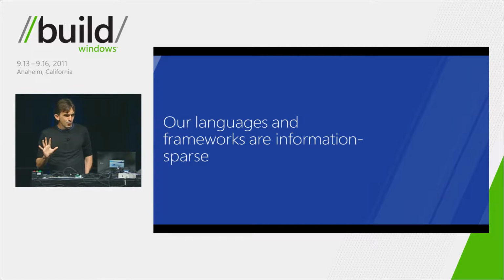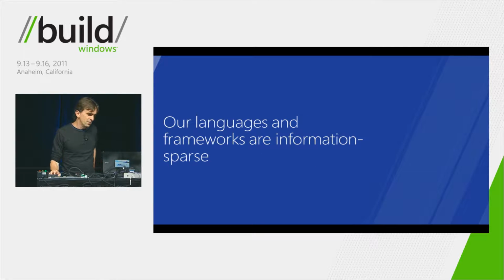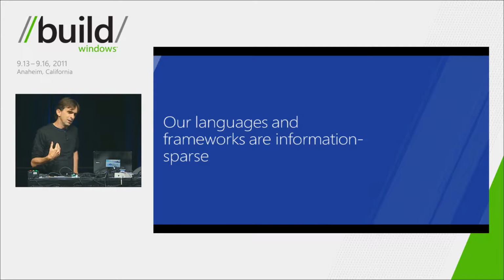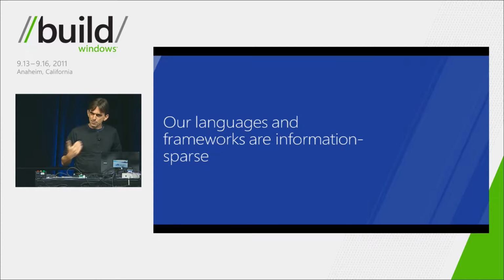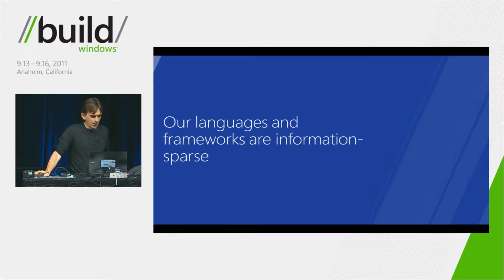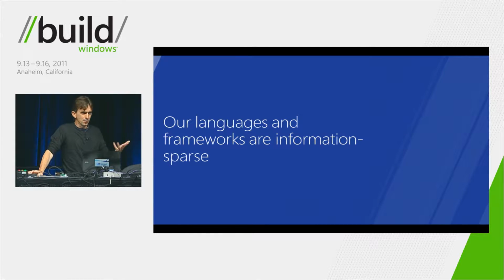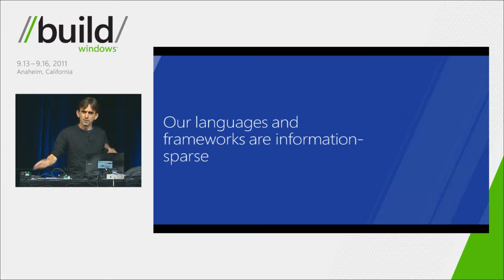But our languages and our frameworks are themselves information sparse. And what I mean by that is that when you look through the .NET libraries, you don't see a definition of a football player or a bank account or a definition of a chemical element or some basic scientific data. None of this basic notion of information occurs in these frameworks.